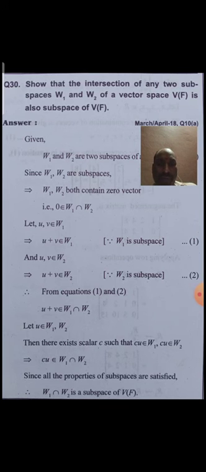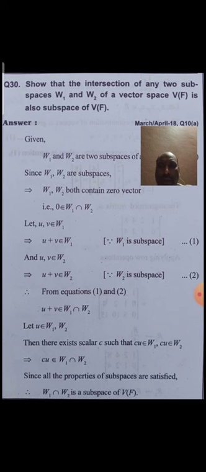This implies u plus v belongs to W1, since W1 is a subspace. This is equation 1.